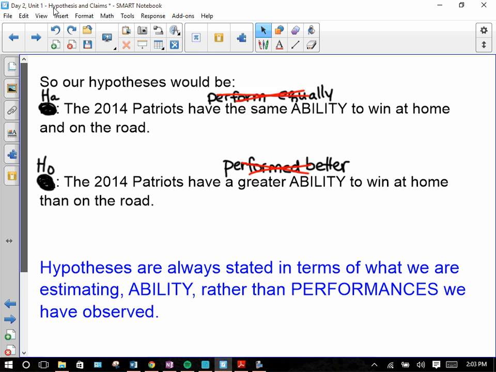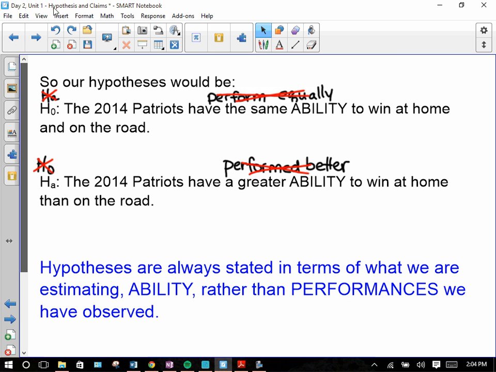That makes sense? Alright. So how would I fix that? Well, I would just cross out H0. That would be my alternative hypothesis. And I would cross out H sub A and make that my null hypothesis.